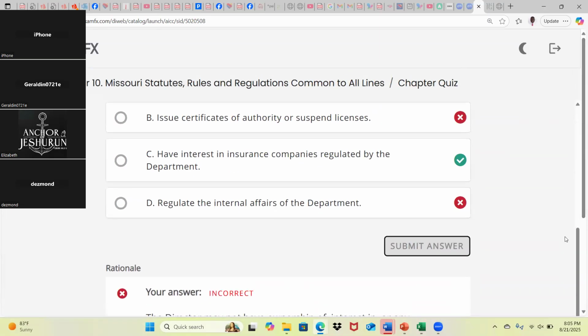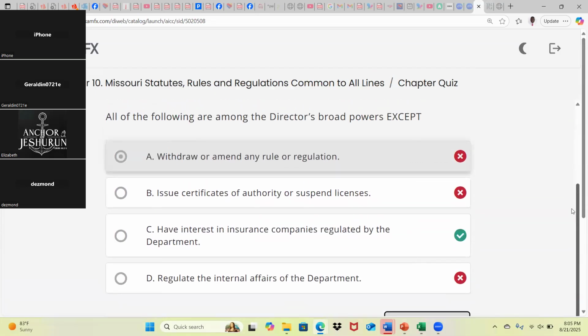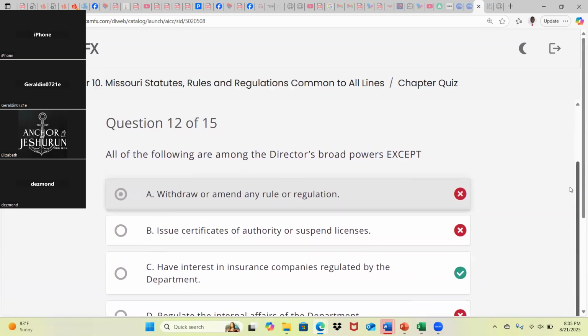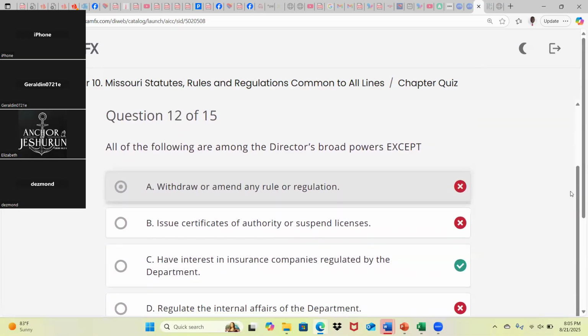But let's go back to that A, withdraw or amend any rule or regulation. Can he amend any rule or regulation? Well, Desmond, this comes to a legal understanding, and let me say why this might be within the director's broad powers. Yes, insurance laws are passed by the state legislature.